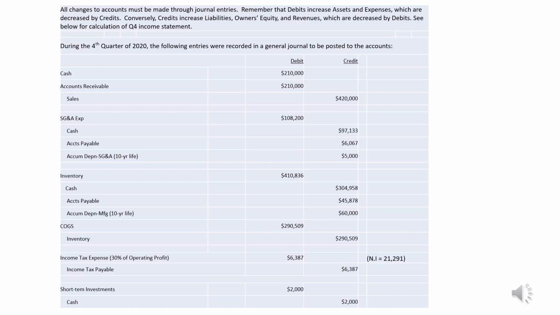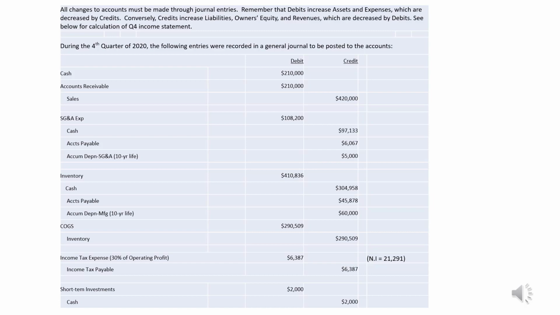How did I get that? The $5,000 is taking $200,000 worth of the fixed assets, dividing that by 10-year life. And so I have $20,000 worth of depreciation per year. Divide that by 4 quarters and you get $5,000 per quarter.